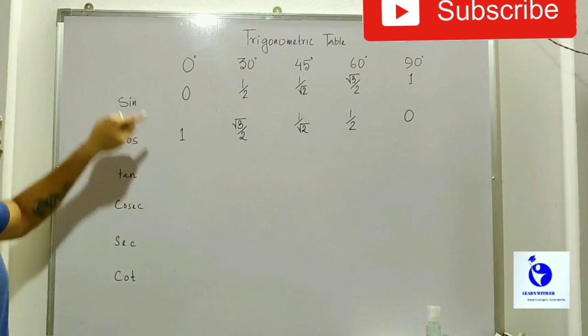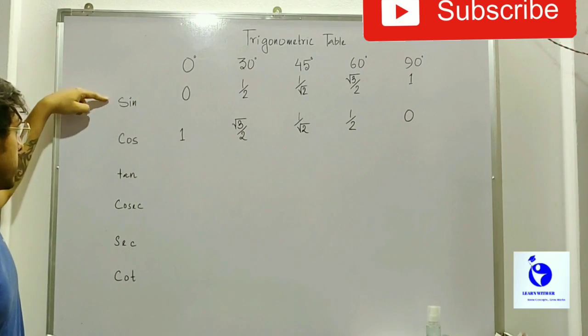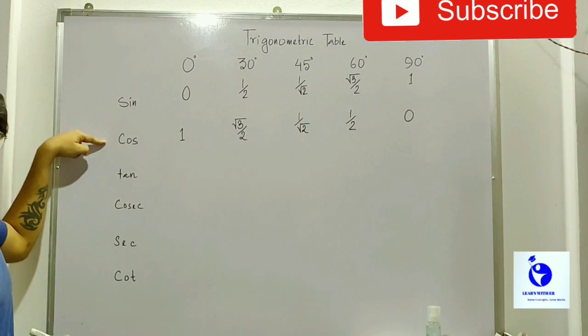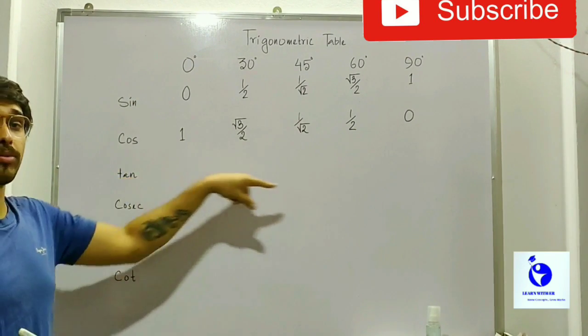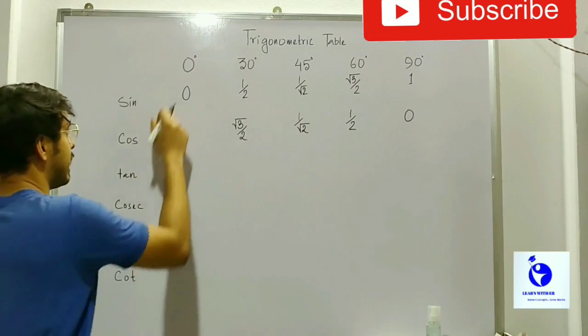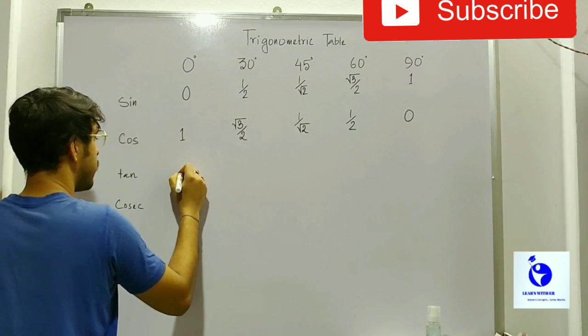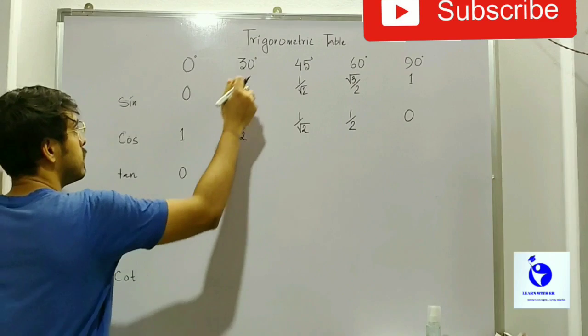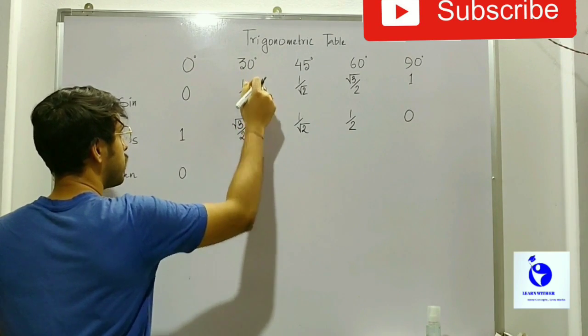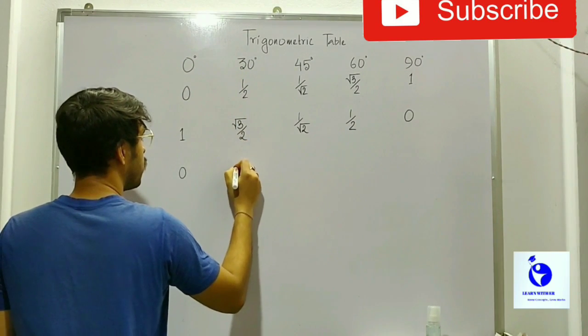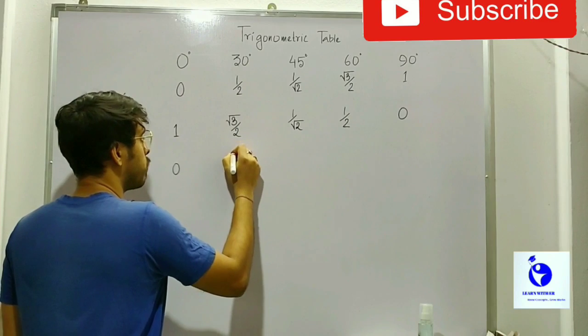For tan, we just need to do the division, sine divided by cos. That will be the values of tan. So for tan 0, that is 0 by 1, that is 0. Then tan 30, half divided by root 3 by 2, which is 1 by root 3.